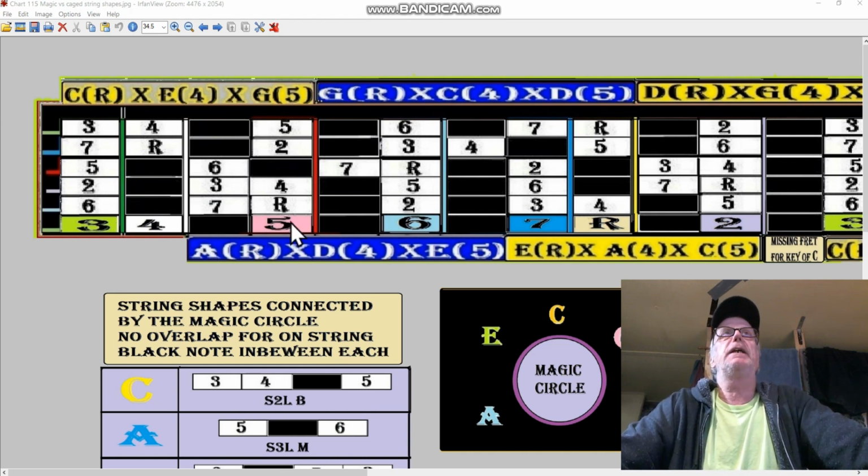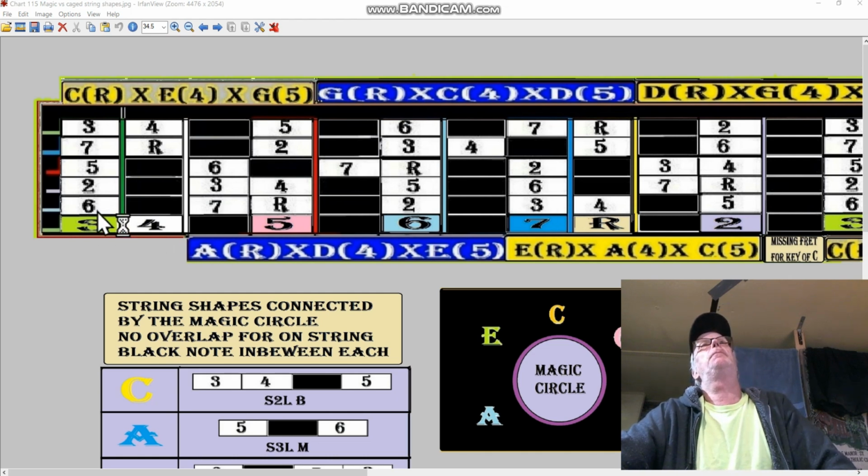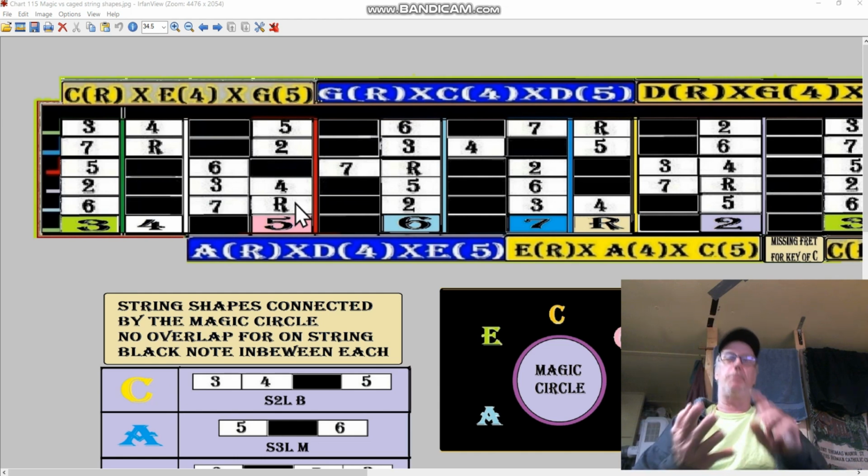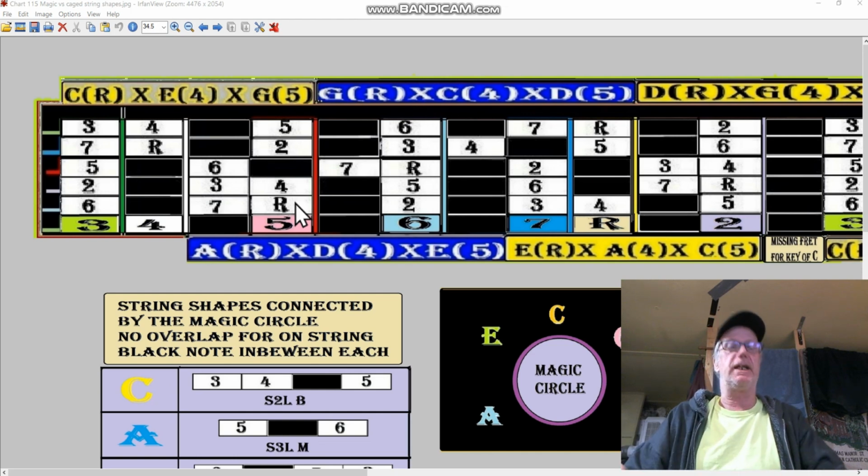And what I'm saying is, when you go from an inner note to an outer note, you're going up 1 degree encaged. When you go from an inner note to another string, you're going up 1 degree in the magic circle. If you go up 1 degree in one string and to an outer note, you're going up 1 degree in the magic circle plus 1 letter, degree is a letter, 1 letter encaged.